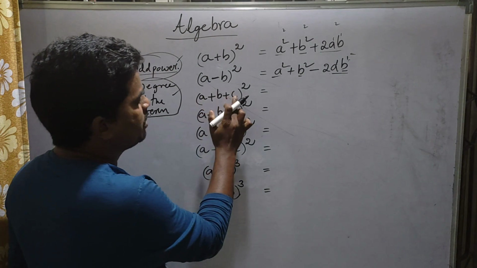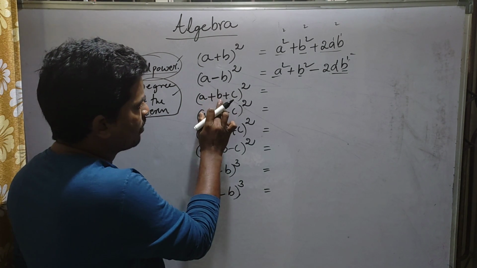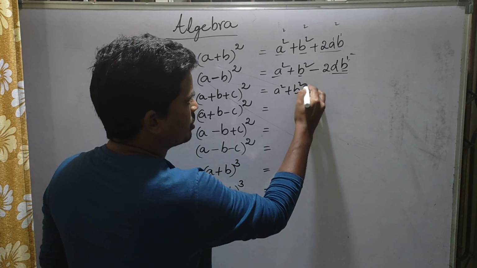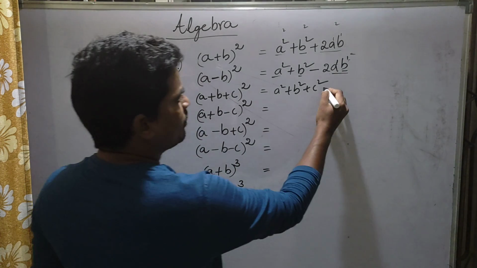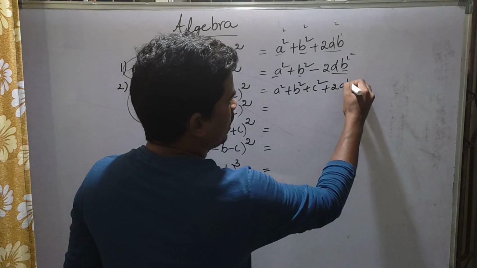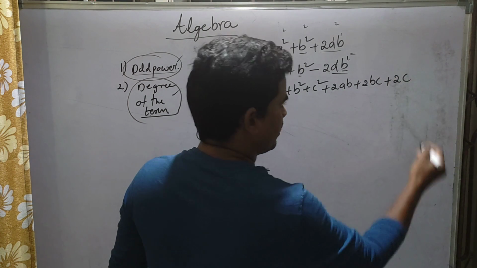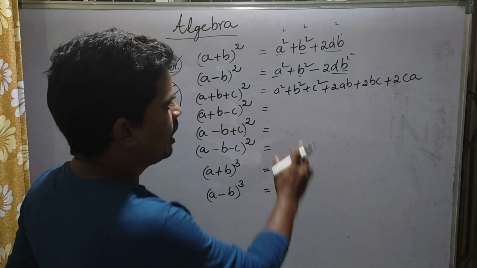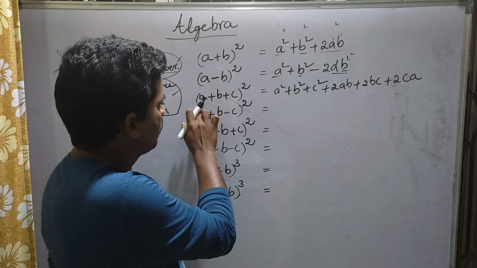Next, a plus b plus c whole square. So whole square, no? For a and for b and for c, individual squares we will get: a square plus b square plus c square. Next we will get 2ab plus 2bc plus 2ca. This is the formula. See, all are positives only.